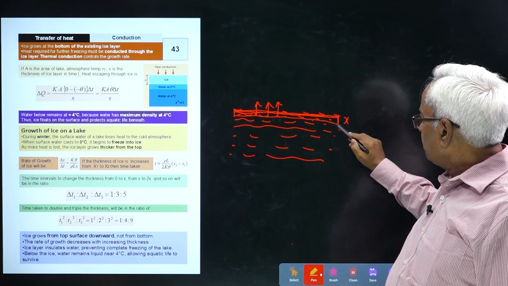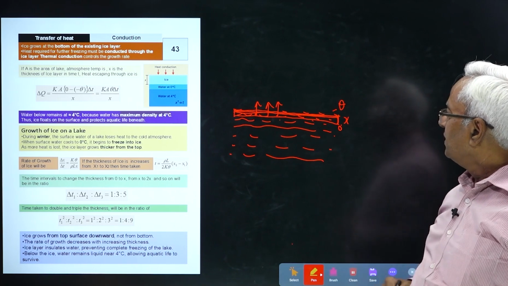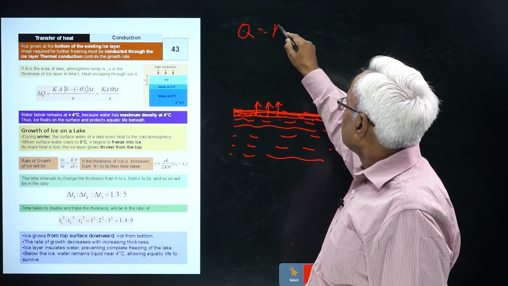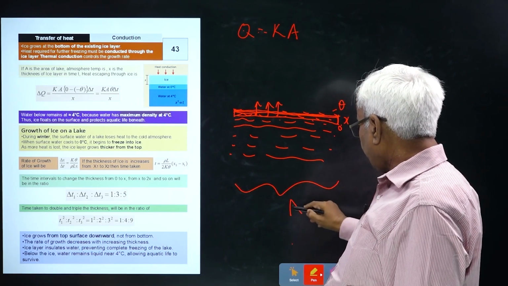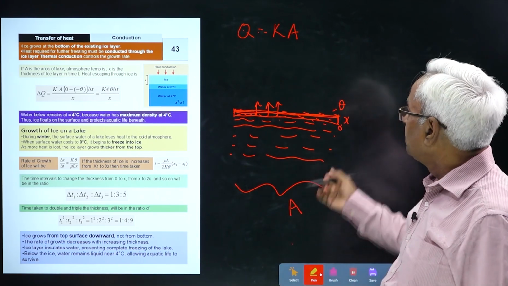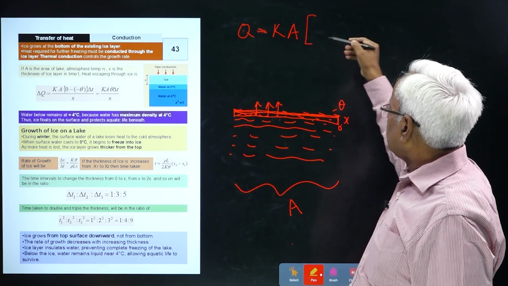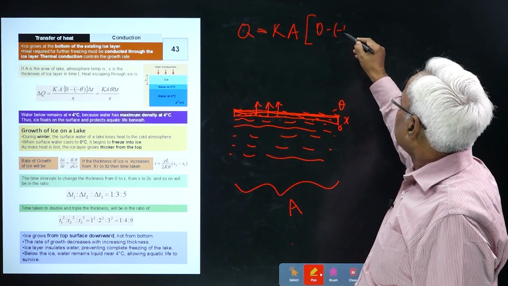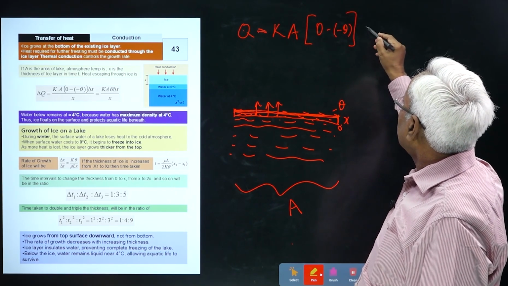You will consider this 0 degrees, and this minus theta, and this thickness x. Now, the heat that is going to flow will be given by KA delta theta. What is A? A is the surface area of the lake we have considered in the derivation. Q is KA delta theta, where delta theta is 0 minus (minus theta), that is theta only.